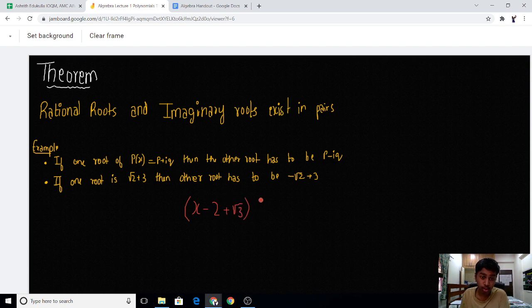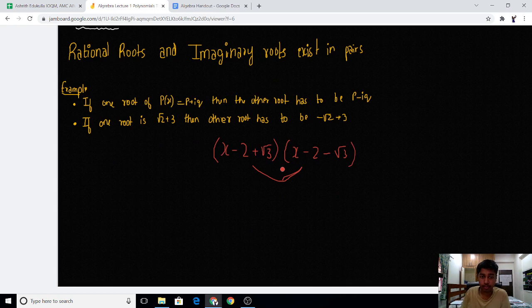The other root has to be, sorry, my bad, x minus 2 minus root 3. So listen to me first. From this I can say that 2 minus root 3, comma, 2 plus root 3 are the roots.